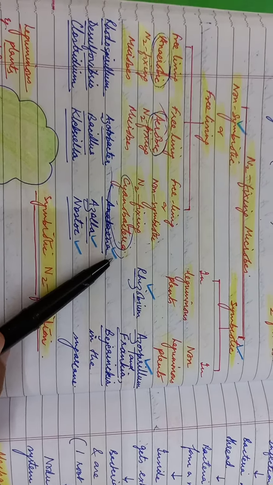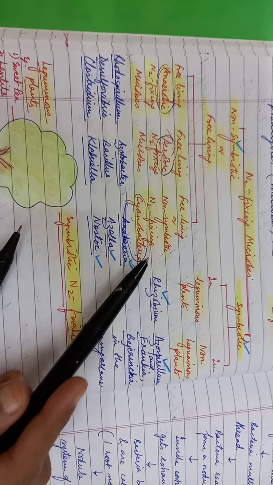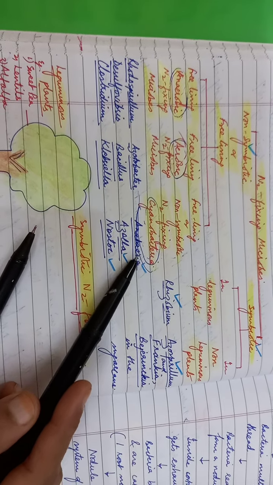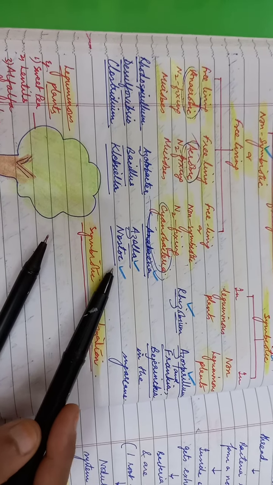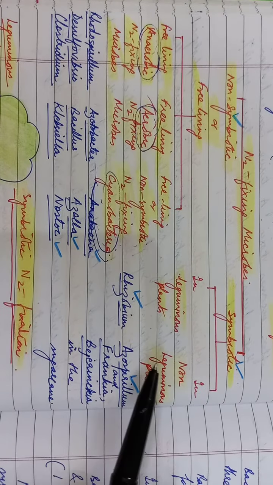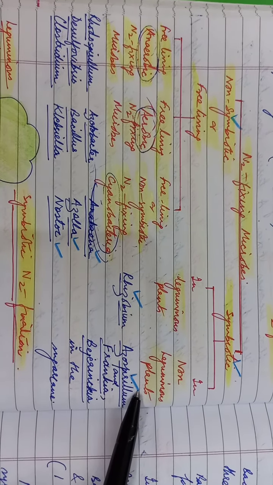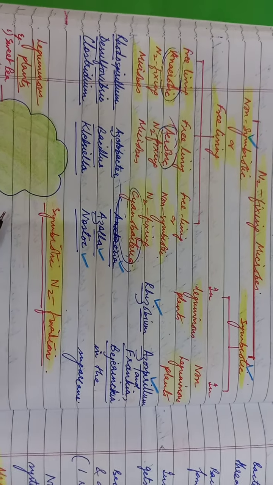Three things. This comes under the cyanobacteria category, that is non-symbiotic nitrogen fixing bacteria, cyanobacteria: Anabaena, Azolla and Nostoc, right? Then here what comes in your syllabus is Rhizobium and Azospirillum. So a total of 5 things you have to study, right?